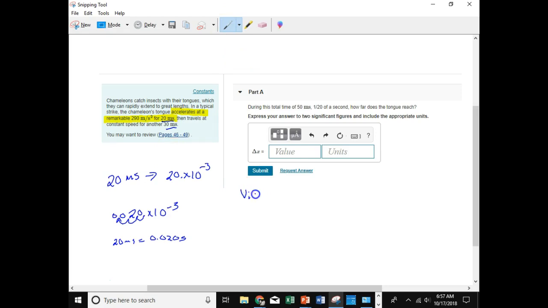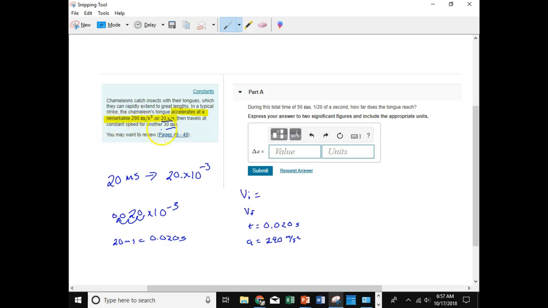What's the initial velocity of the tongue? I don't think final velocity is spoken about in here, but you know the time is equal to 0.020 seconds, and you know the acceleration is equal to 290 meters per second squared.